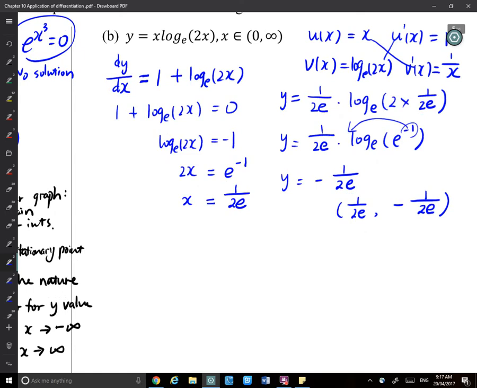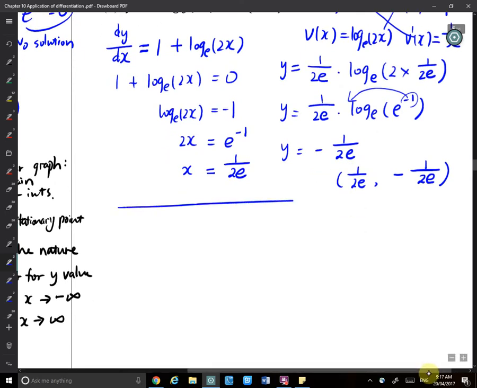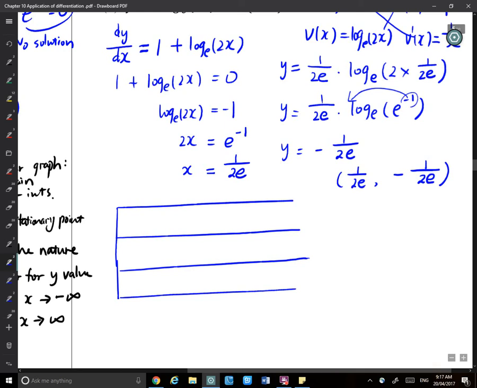Now I need to state the nature of this. I still need the table with columns: x, f'(x), and the graph. You have 1 on 2e in the middle, where the derivative equals 0.